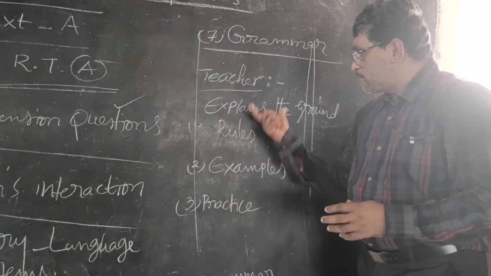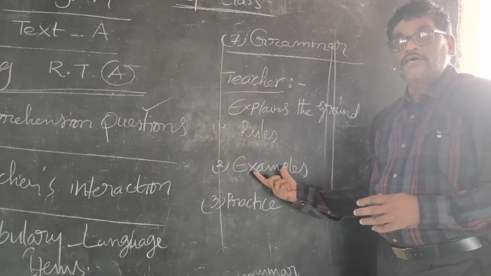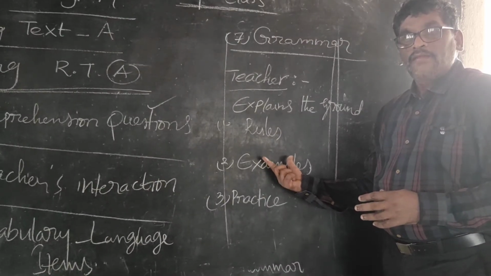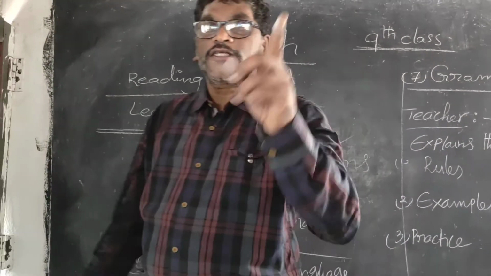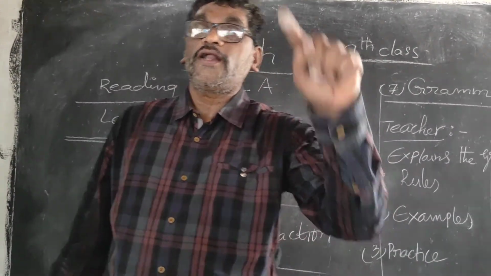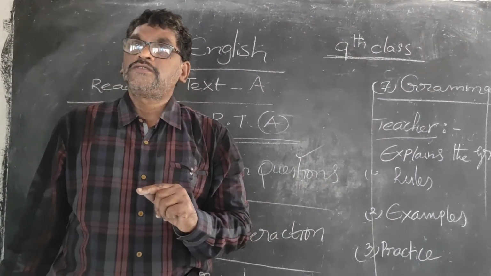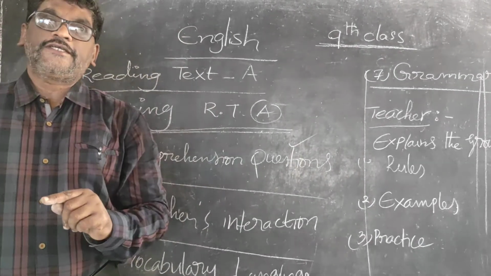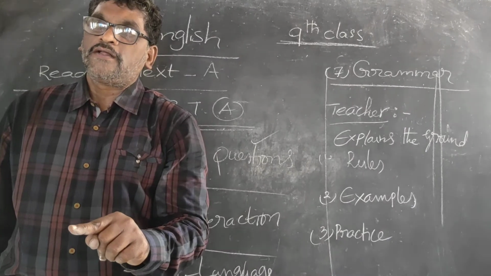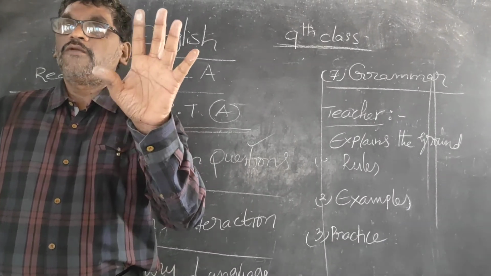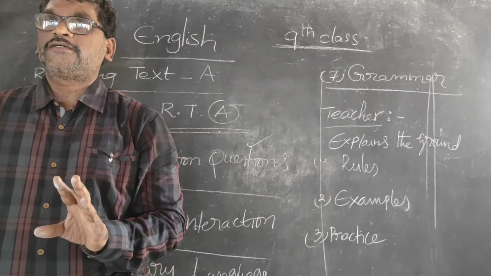Practice based on the ground rules and examples. And once more, I am explaining, you should take support of your teacher or your friends while you are doing the exercises. After completion of the exercises, you will be perfected, there is no doubt.